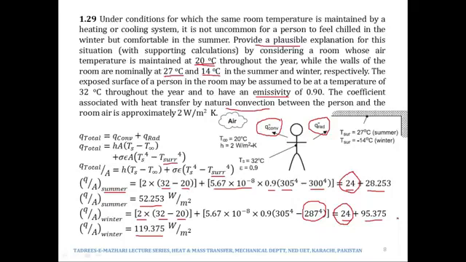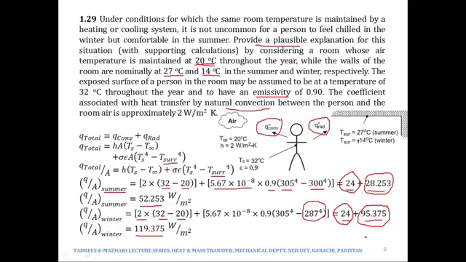So in winter, when the walls are at a lower temperature, at 14 degrees Celsius, this is not minus 14, this is plus 14 degrees Celsius. Since the walls go to a lower temperature in winter time, the temperature difference between the person's body and the wall becomes greater, and therefore the radiation heat transfer between the person's body and the walls increases from 28 to 95.